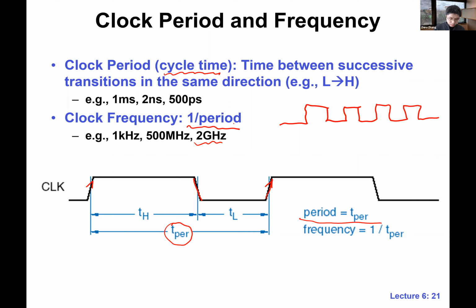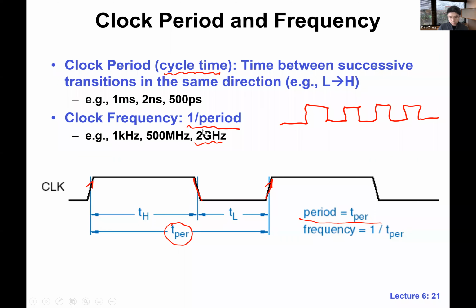Okay, so if we have a very slow clock, 1 millisecond, we have a frequency of 1 kilohertz. 2 nanoseconds, that is 10 to the minus 9, gives you 500 megahertz. And then 500 picoseconds, where PS means picosecond and pico means 10 to the minus 12, corresponds to 2 gigahertz.